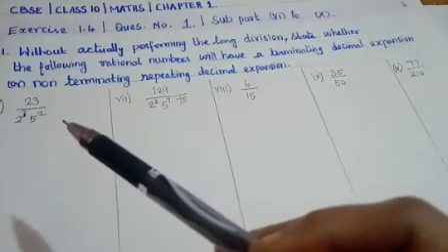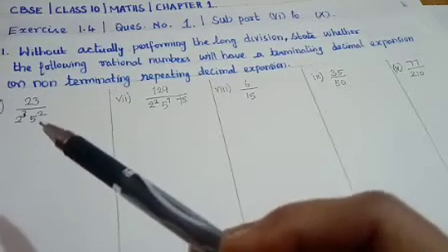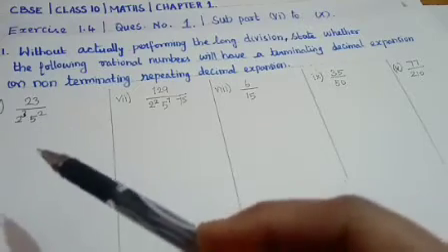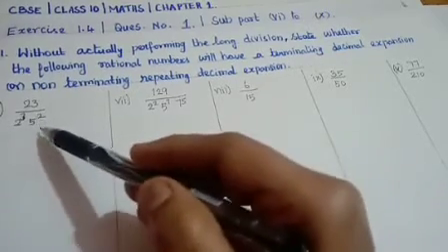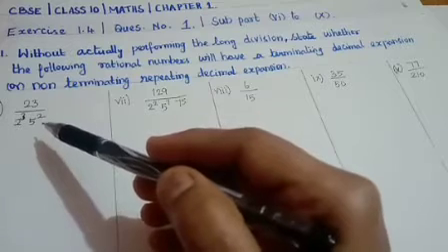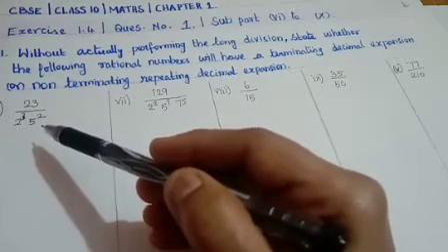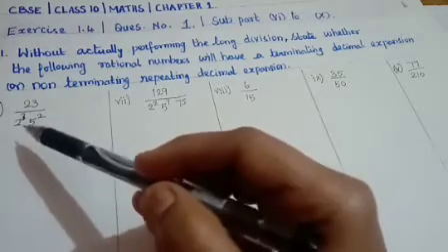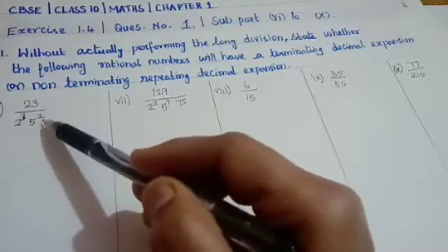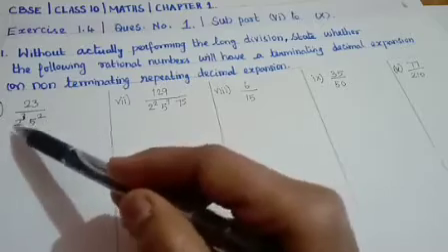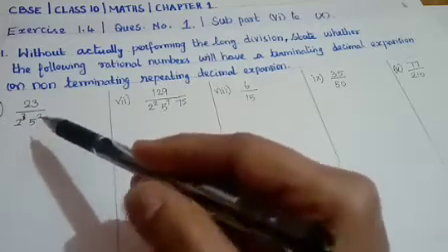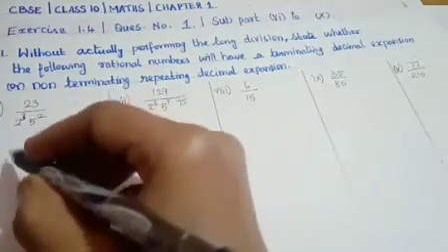Sixth subdivision is 23 by 2 power 3 into 5 power 2. We need to say whether this number is terminating or non-terminating. According to the theorem, we analyze the prime factorization of the denominator.